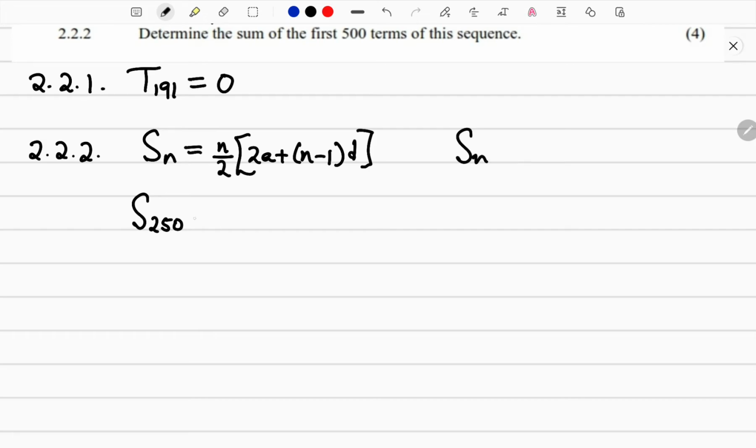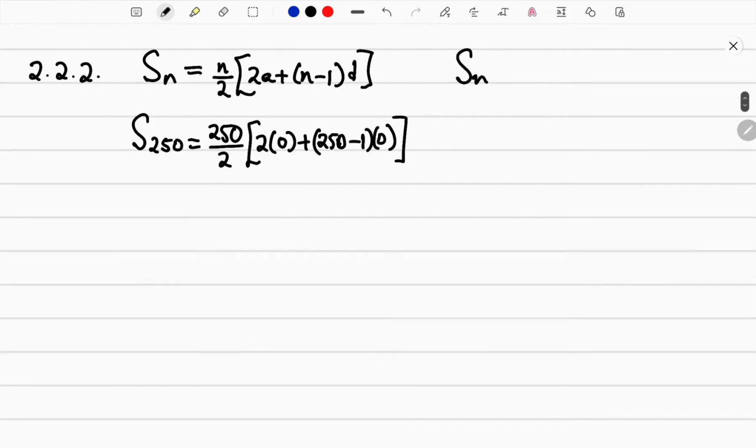So S250 equals 250 over 2 times 2a, a is 0 there, plus 250 minus 1 d, which is also 0. So won't change anything.